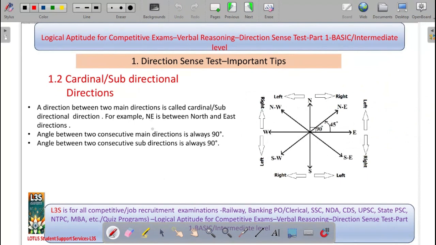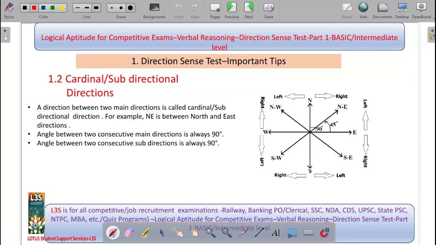A direction between two main directions is called a subdirection. For example, NE is between north and east direction. Here we can see northeast, NE.